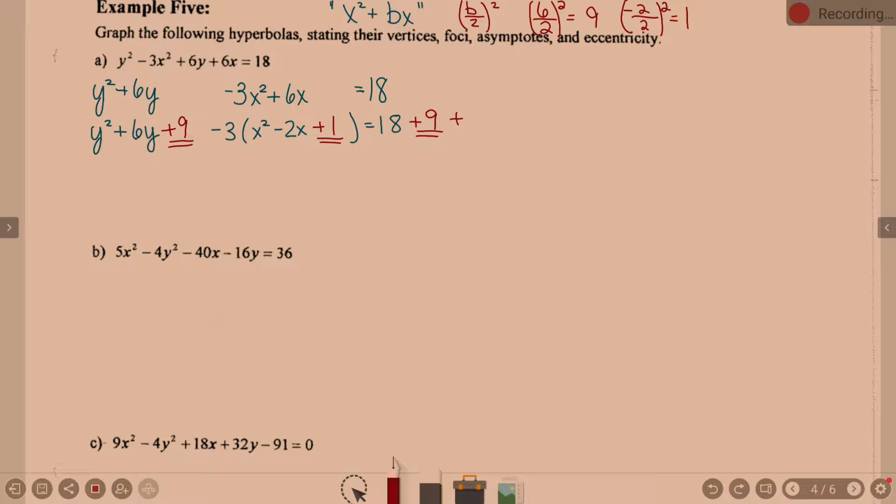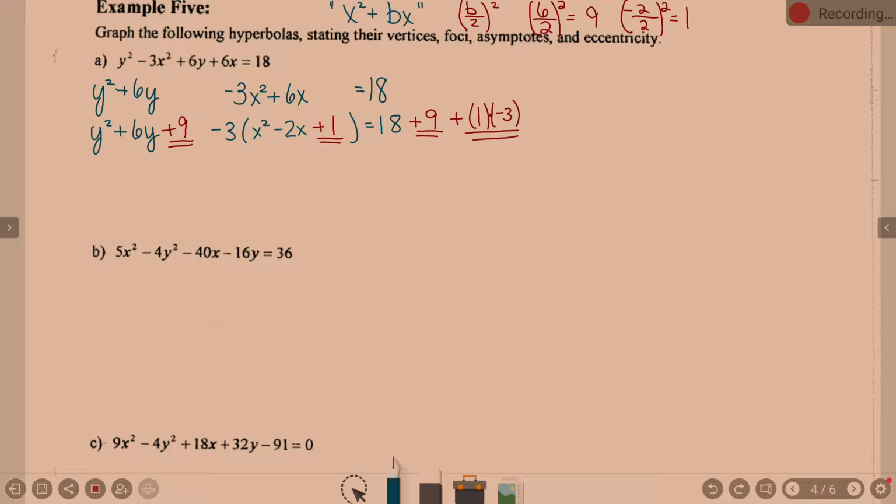Essentially negative 3, isn't it? Because I'm going to add 1, but it ends up being 1 times negative 3, because this 1 in my parentheses is being multiplied by a negative 3. So that second piece, you'll always end up adding a negative because there'll always be a negative right there.